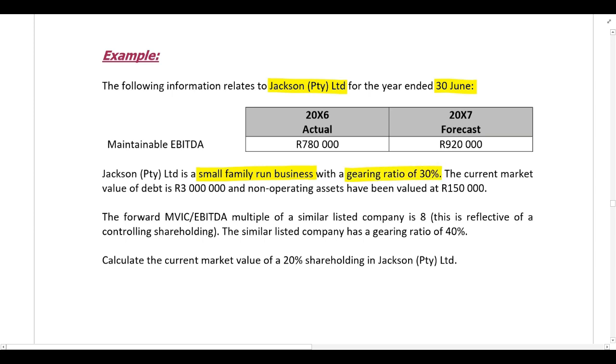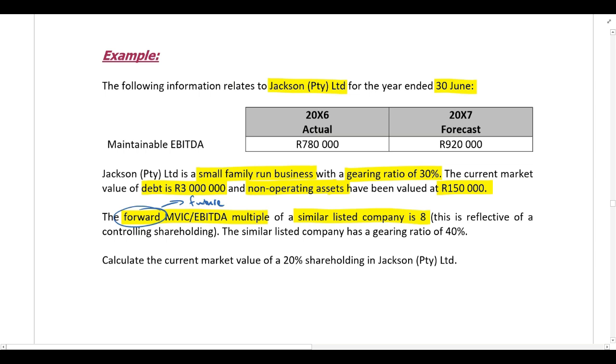The current market value of debt is 3 million rand, and non-operating assets have been valued at 150,000 rand. The forward multiple of a similar listed company is 8. So please note, guys, if they are giving you a forward multiple, this is a future multiple.